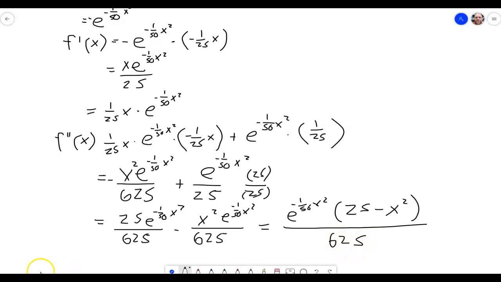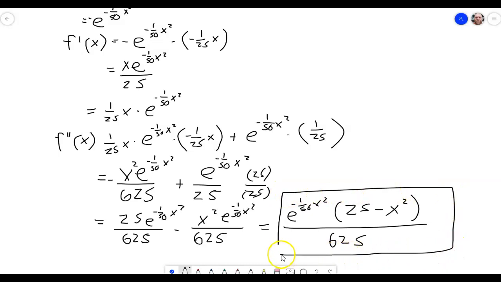All right, so here is the second derivative. And it's a lot of work, I know.